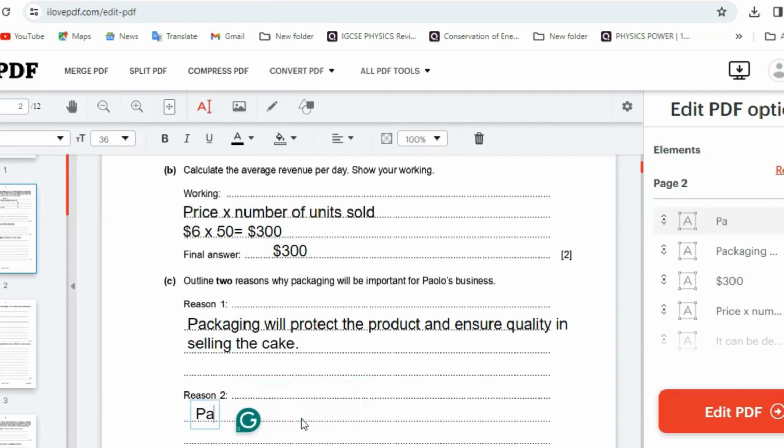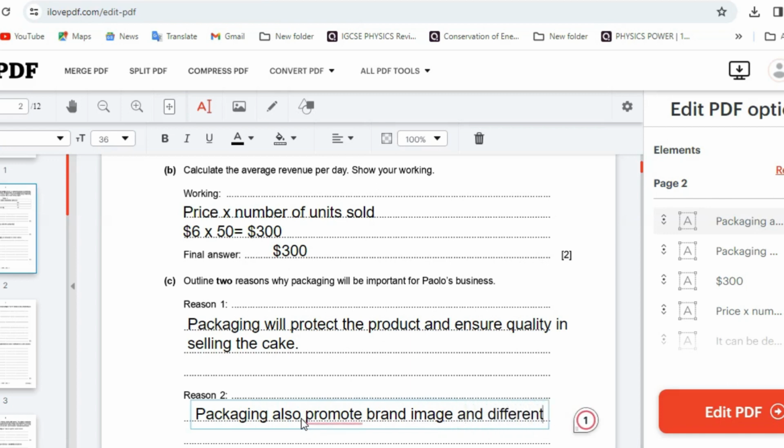Packaging also promotes brand image and differentiates the product from others.